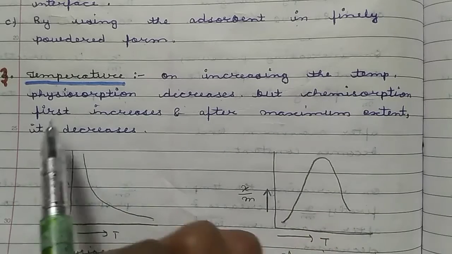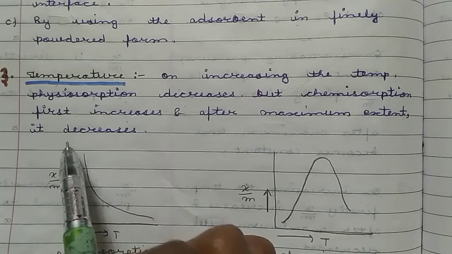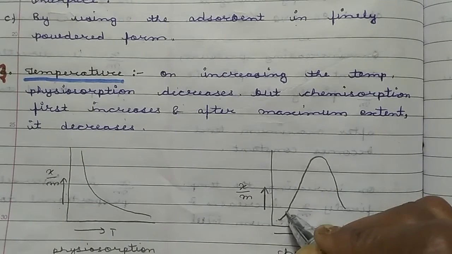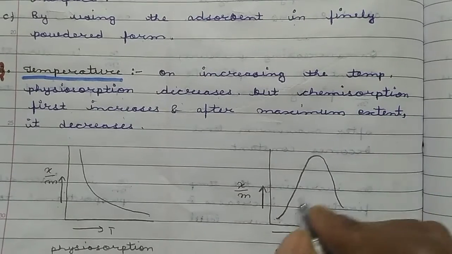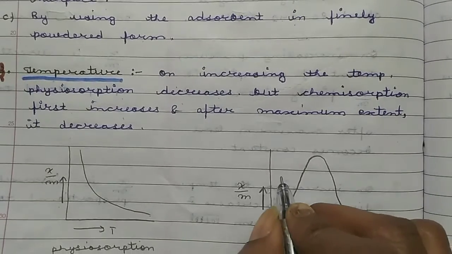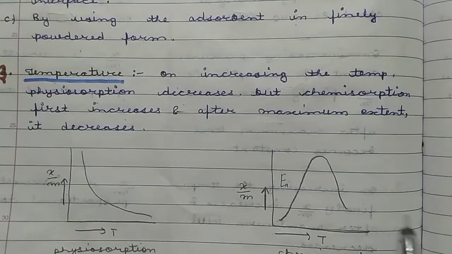But chemisorption increases first, and then after a maximum it decreases. Why? Because in the starting, as the temperature is increased, the kinetic energy of the reactant molecules or the adsorbate is increased, and they require activation energy to make chemical bonds.